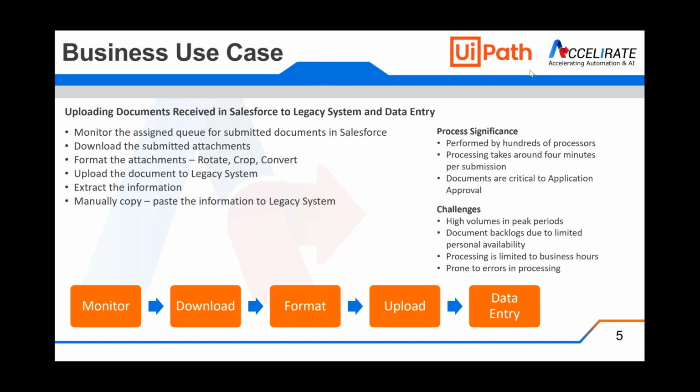The Accelirate team has developed an automated solution to handle the repetitive tasks to facilitate faster document processing by retrieving, formatting, and uploading the documents to the legacy system. This solution also reads the electronic documents that are generated by DocuSign and performs data entry in the legacy system. In the next slide, we will see the solution that we have implemented. Peter, can we go to the next slide, please?